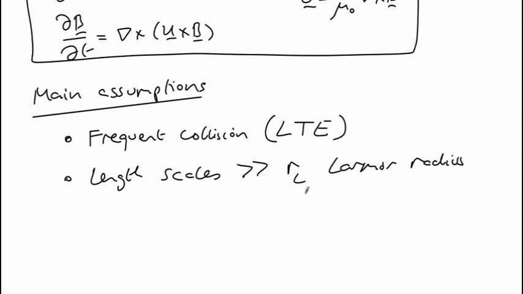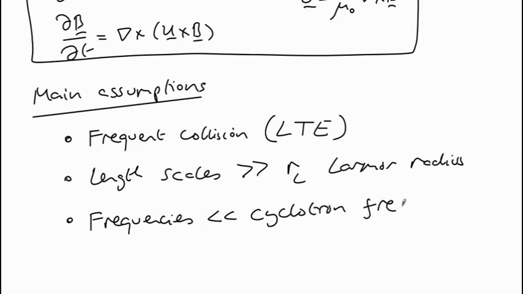But nothing in the model knows about Larmor radius scales, so we need to have length scales much longer than that. We need to have frequencies which are small. So frequencies of the oscillations that we're looking at must be smaller than the cyclotron frequency, the frequency that the ions, for example, go around their orbits.